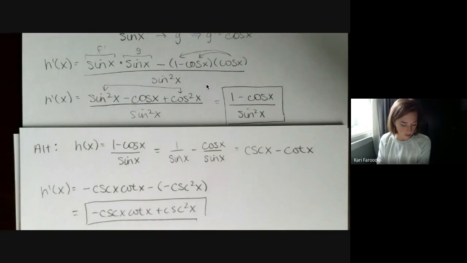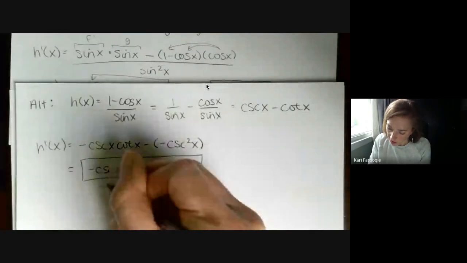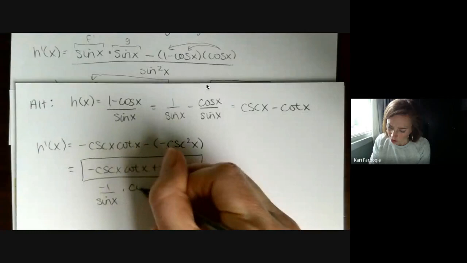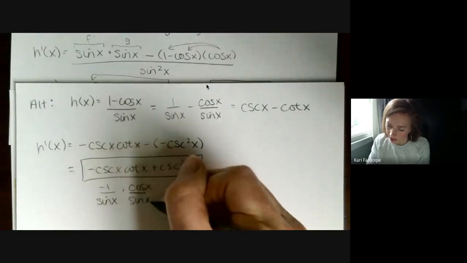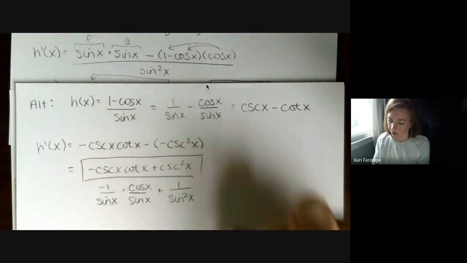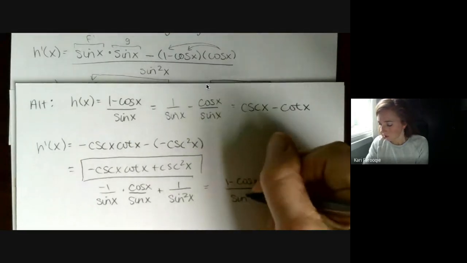If you want, we'll have extra time at the end. Actually, this one's really easy to turn into your original. I'll just do it real quick because the verify is good for you. If you turn the cosecant into negative 1 over sine x, and then if you turn the cotangent into cosine x over sine x, and then if you turn the cosecant squared into 1 over sine squared x, then you can actually rewrite this as 1 minus cosine x over sine squared x.